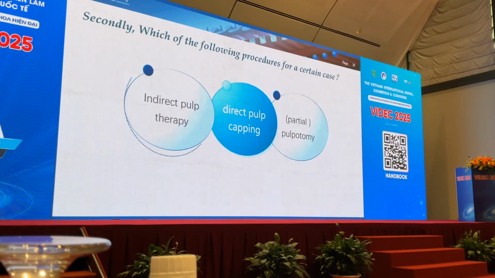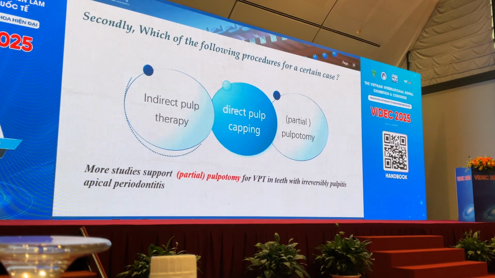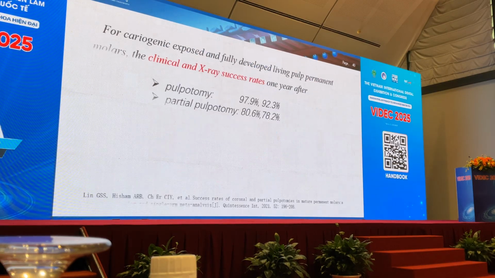All the procedures. But which is best? Most studies support partial pulpotomy or pulpotomy. And in terms of partial pulpotomy and pulpotomy, which is better? It's also been investigated. Let me show you the research.